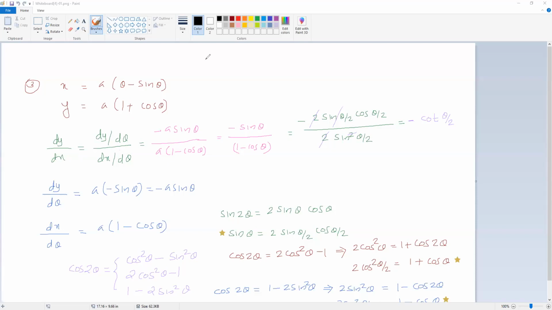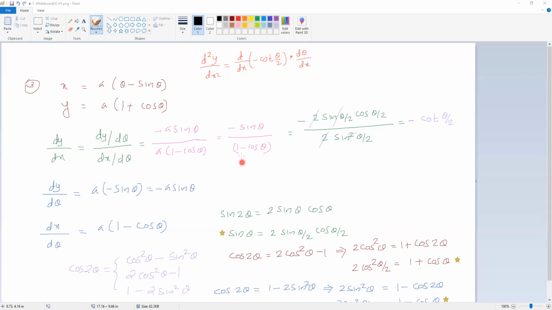So if you want to find the second derivative, d square y by dx square, which is equal to d by dx of the first derivative, that is minus cot theta by 2 into d theta by dx. That is what I told you yesterday.